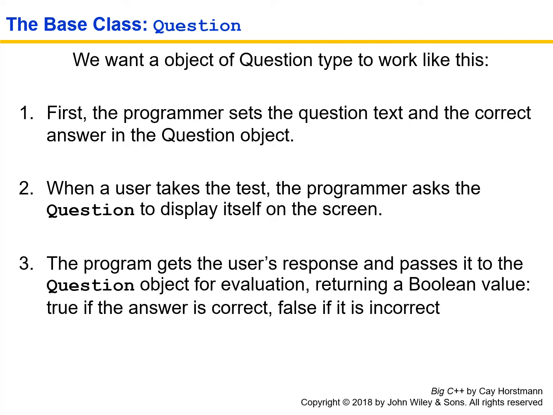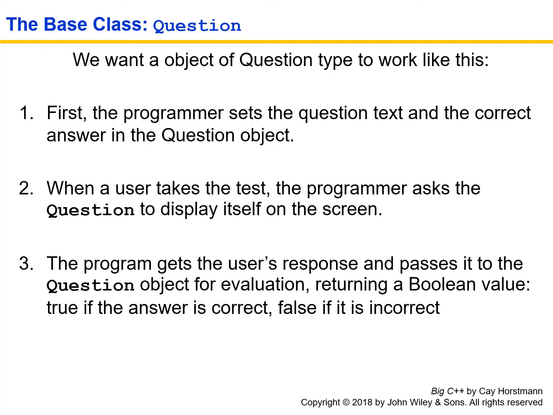When a user takes the test, the program asks the question to display itself on the screen. So question1.display, and the question displays itself. The program then collects the user's response and passes it to the question object for evaluation. You would call question1.checkAnswer and pass the answer in the parentheses.